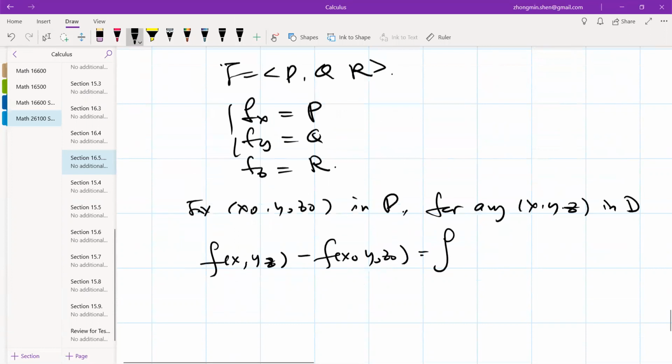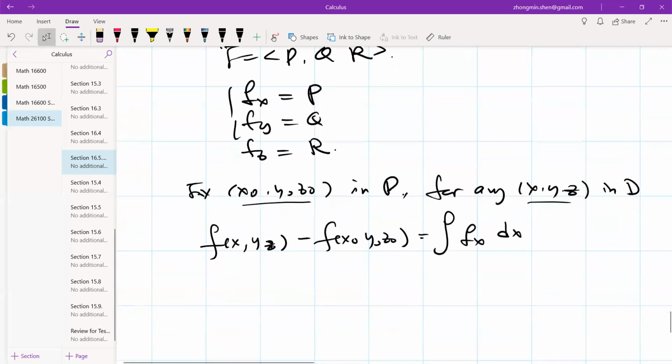This is the integral of f of x dx. The reason you can do the integration is that the line from this point to that point still stays inside D. So you can evaluate this integral, and then you put a dx here.